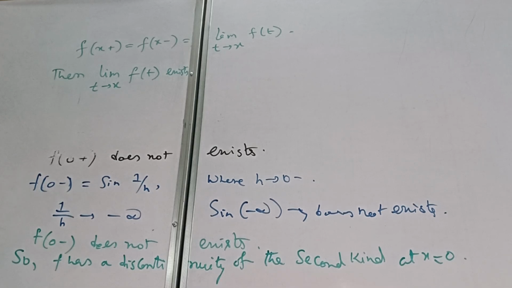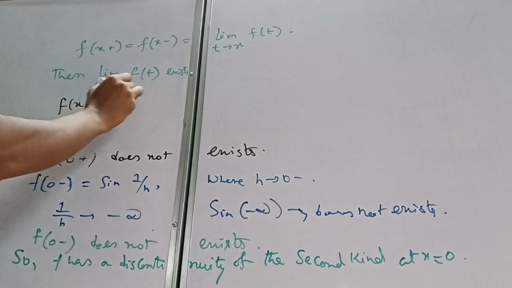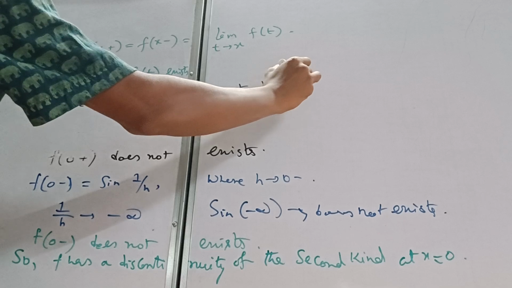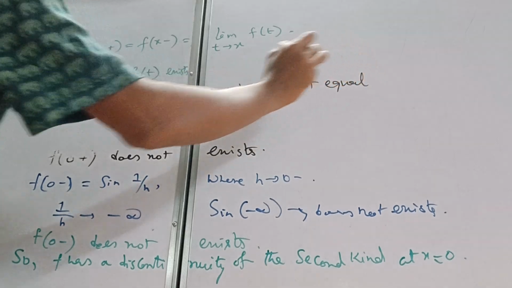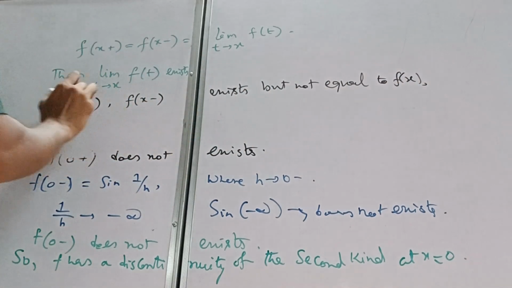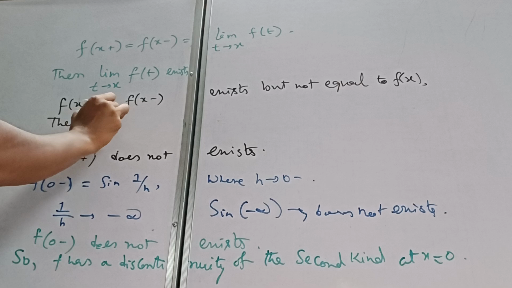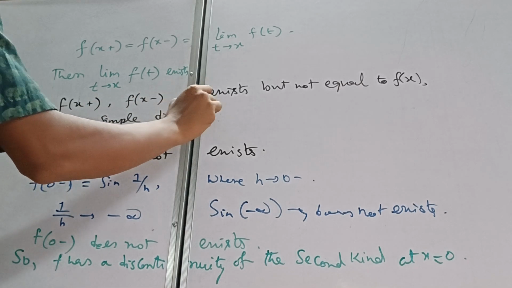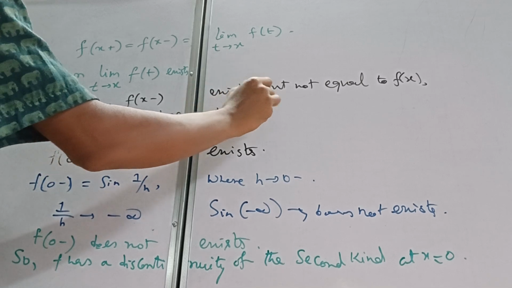Then if f is discontinuous at x, this is a first kind or simple discontinuity. That means f(x+) and f(x-) exist but are not equal, or not equal to f(x), then a simple discontinuity exists.